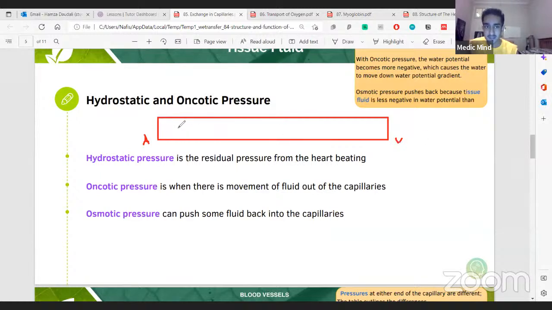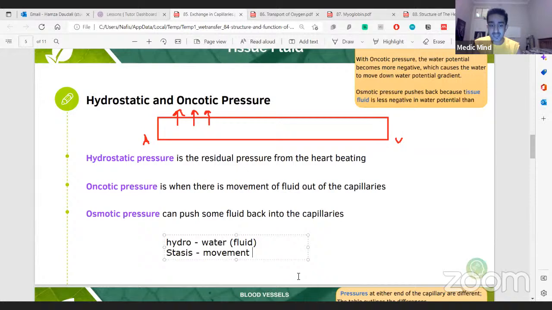The hydrostatic pressure is the pressure that is pushing this fluid against the walls of the capillary, and this is pressure that has been generated by the heart when it pumps. Hydrostatic, if you break that word down into its constituents: hydro meaning water, but in this case we're going to talk about fluid, and stasis meaning movement.